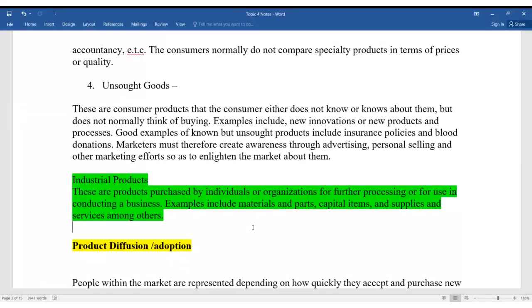You can outsource housekeeping services, for example. You can outsource even catering. Today, many companies and organizations are outsourcing catering. That's why catering has become a huge business. Like some of you in the hospitality industry, this is a potential area for business enterprise development.